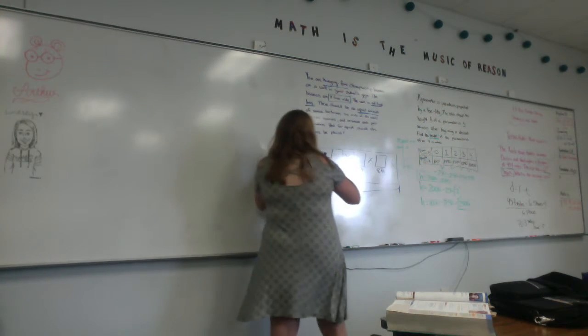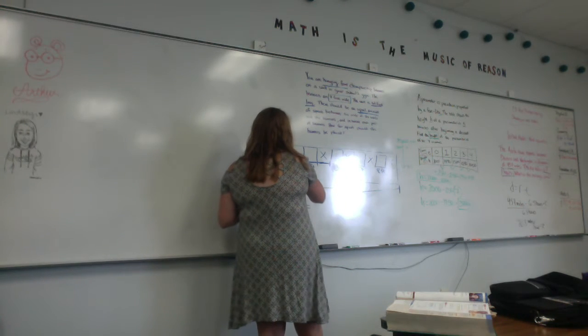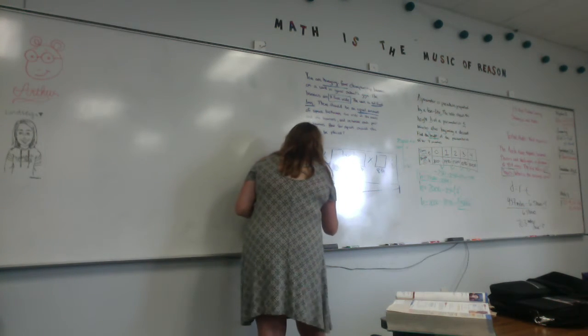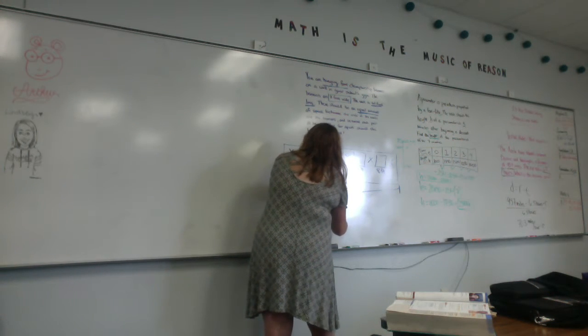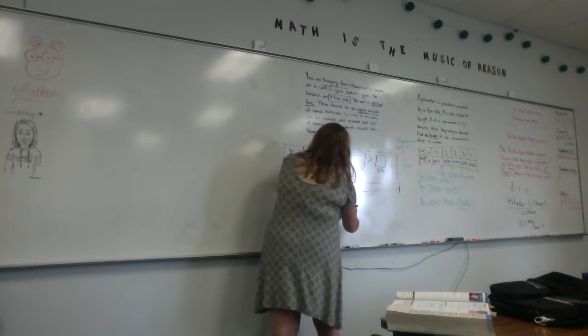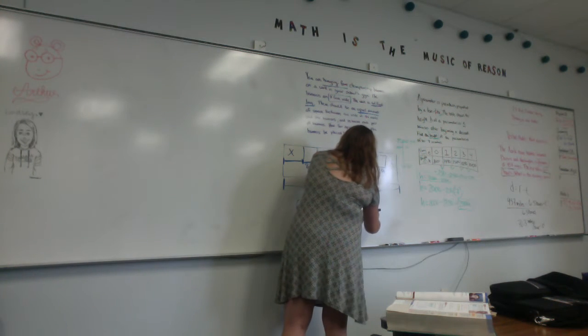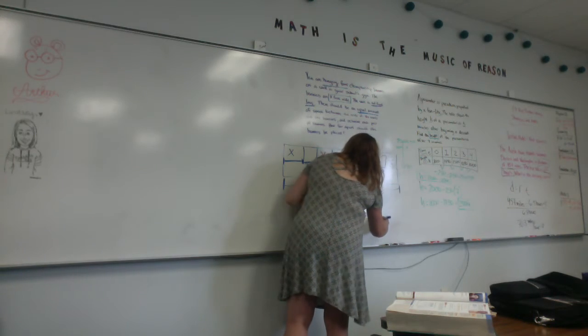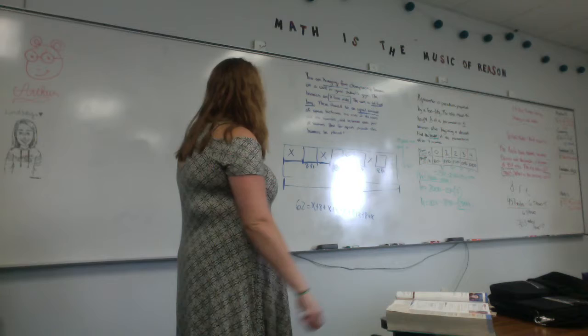Okay? Because all those added together are the whole, all those little parts. So really what it would look like is X plus 8 plus X plus 8 plus X plus 8 plus X plus 8 plus X. Okay? How can I simplify that?